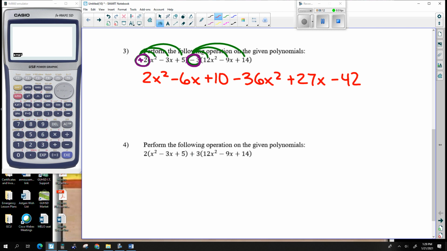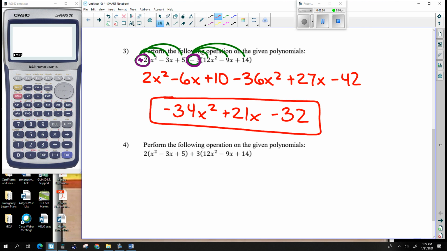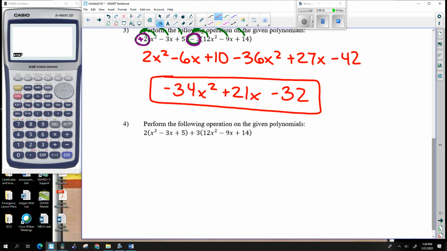So here we go, x squared. I have 2 and negative 36. X's, I have negative 6 and positive 27. Normal numbers, I have 10 and negative 42. Okay, so here I'm going to grab positive 2, and I'm going to grab positive 3.